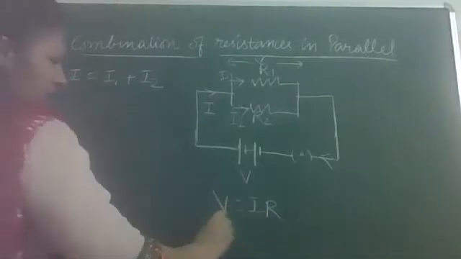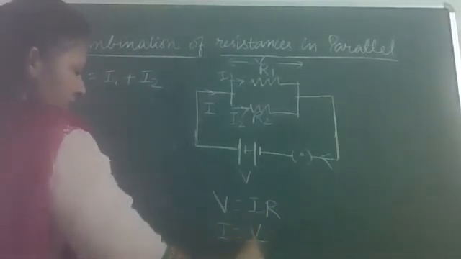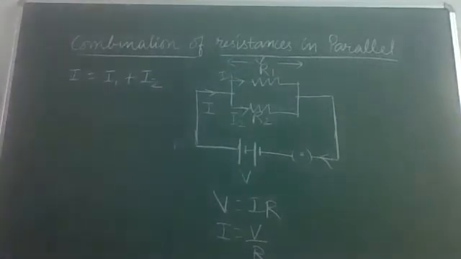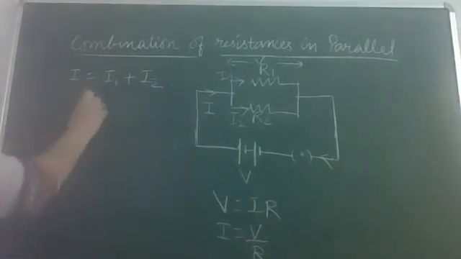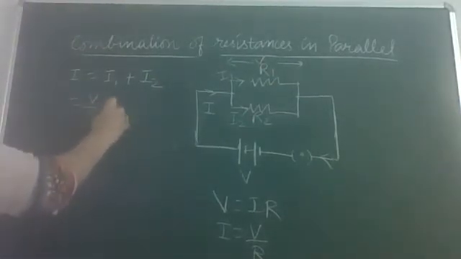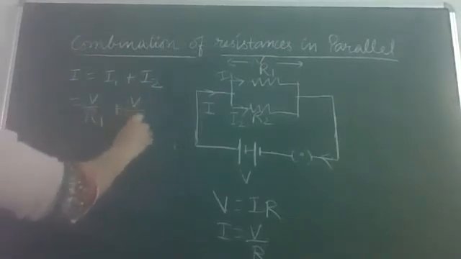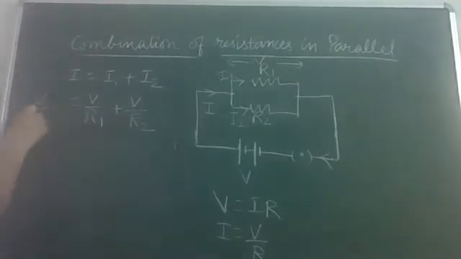Again using V is equal to IR, we can now write I is equal to V over R. So put I1 equal to V over R1, I2 equal to V over R2, and total current equal to total potential over equivalent resistance in parallel combination. Why we are not writing V1, V2? Because potential is same in parallel, V is same.